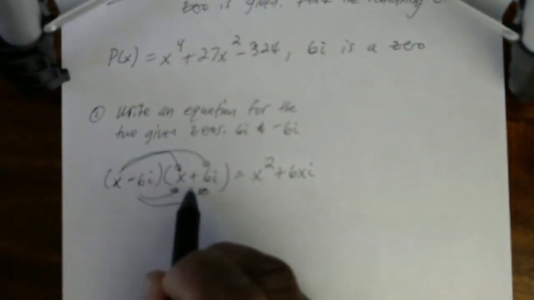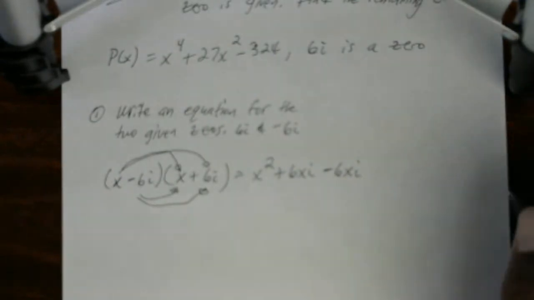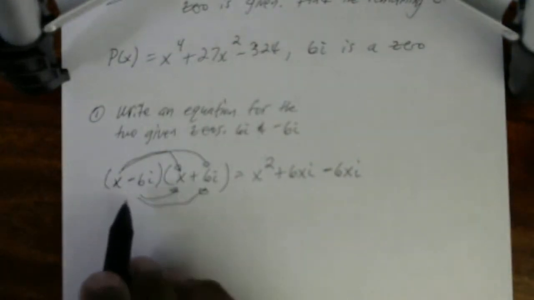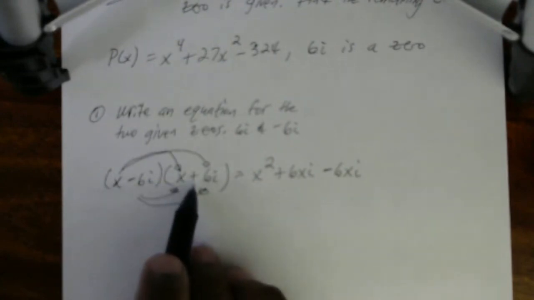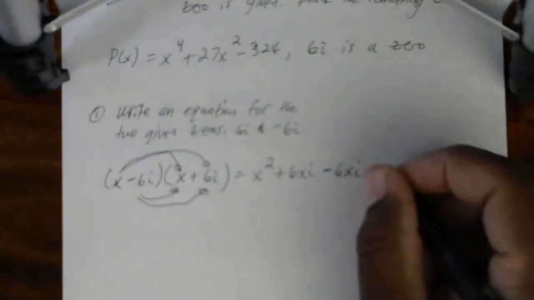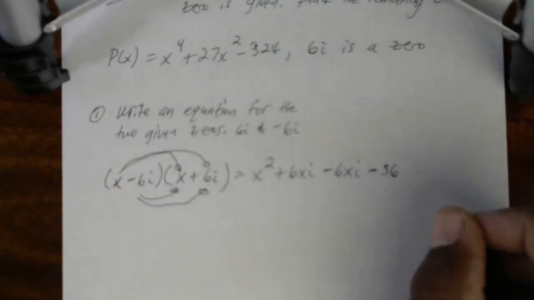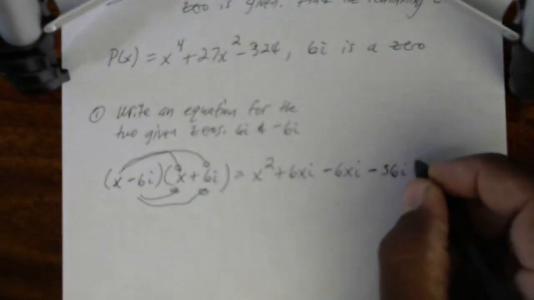So negative 6i times x is negative 6xi. When we multiply negative 6i and positive 6i, a negative times a positive is a negative. 6 times 6 is 36. And i times i is i squared.